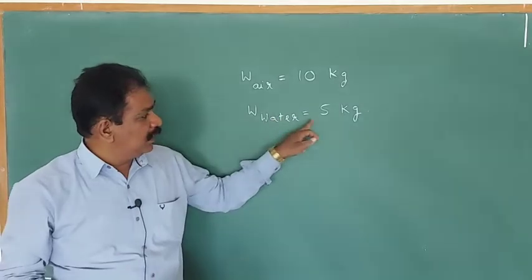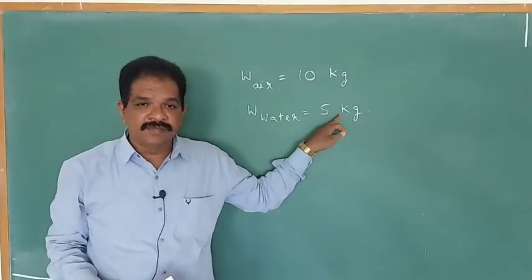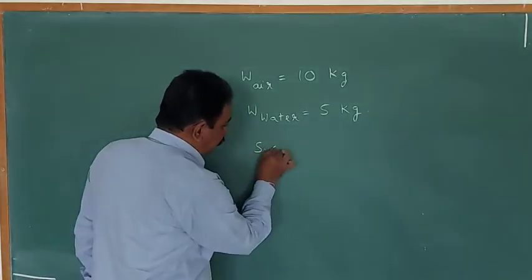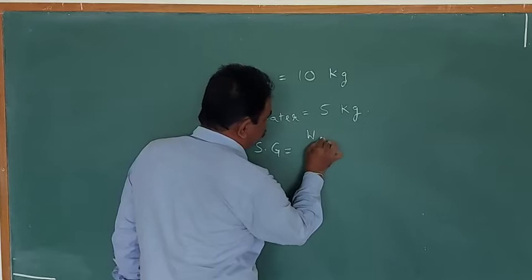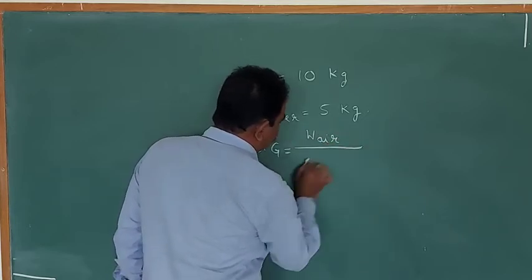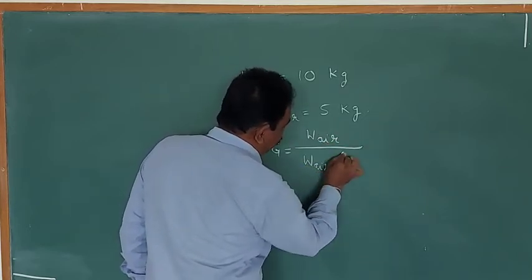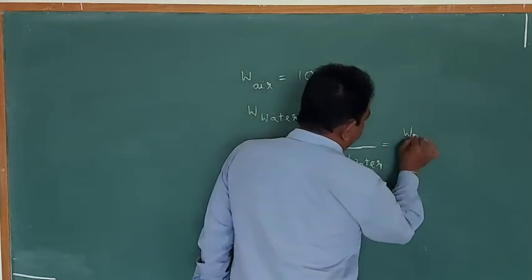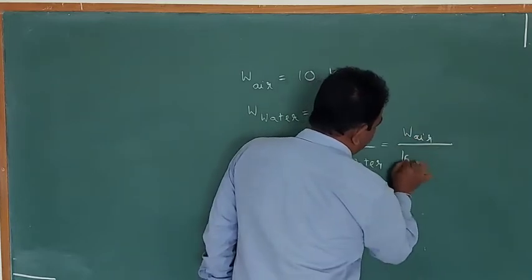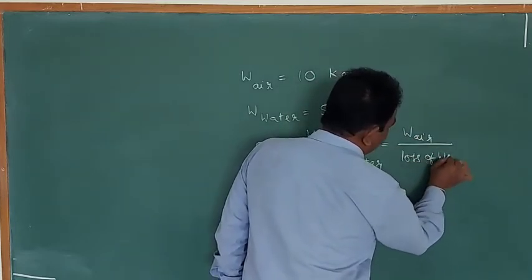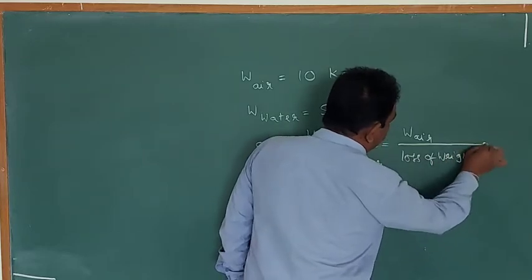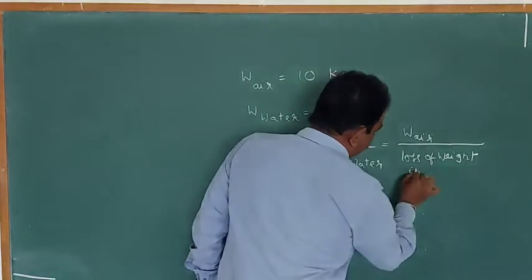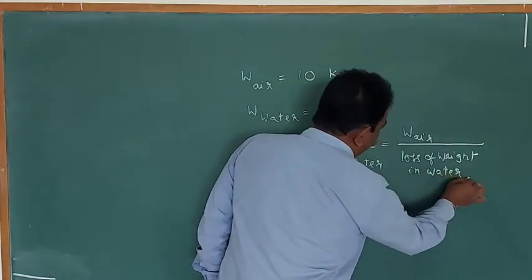Because of that buoyant force, its weight decreases. It becomes 5 kg, let it be. Then specific gravity is defined as weight in air by weight in air minus weight in water. This is nothing but weight in air by loss of weight in water. This is the formula for specific gravity.